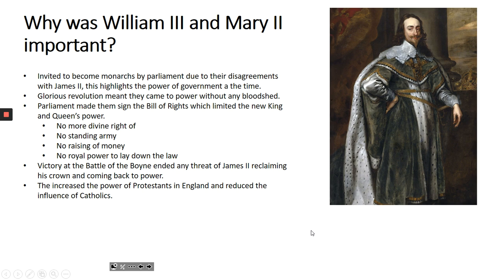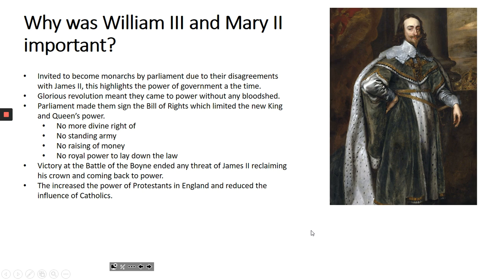Parliament made them sign the Bill of Rights, which limited the king and queen's power, so there was no more divine right of kings, no standing army, no raising of money, and no royal power to lay down the law. So they're important because they mark the first time that the government took power from the king and queen.